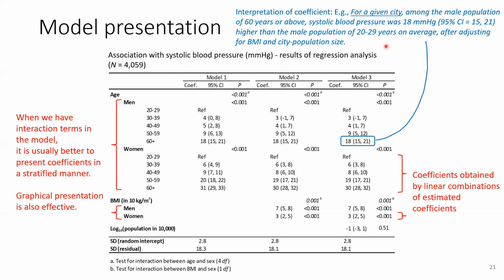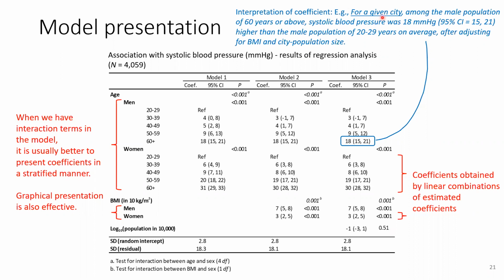And in case of linear regression, actually, if we do the same modeling using GEE, we are going to get the same or very, very similar estimation. So actually, it doesn't matter to say for a given city or not, but since we are using a mixed effects model, it's better to say so.